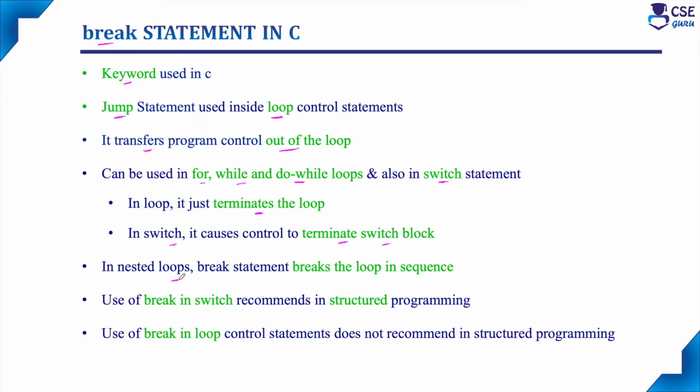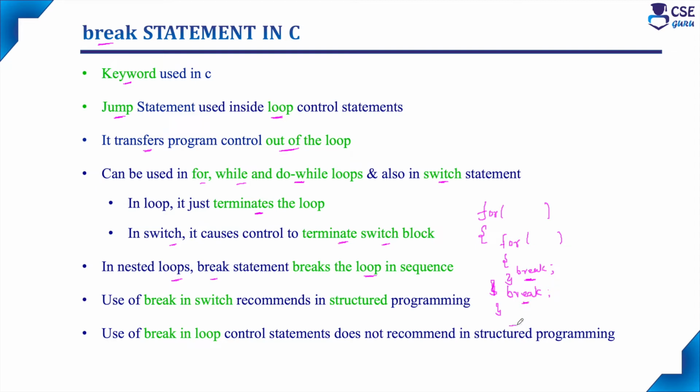In nested loops, the break statement will terminate the loop in sequence. For example, if you are using a for loop, this is the first for loop, that is the outer for loop. If you use one more for loop, this is the inner for loop. If you use break in both, first it will terminate the inner loop, then the outer loop.